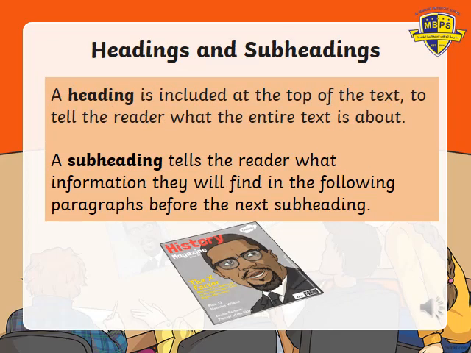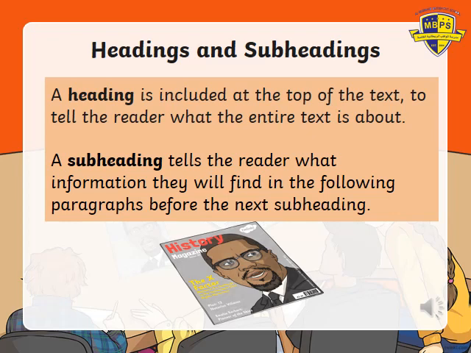Our first text feature is headings and subheadings. A heading is included at the top of the text to tell the reader what the entire text is about. A subheading tells the reader what information they will find in the following paragraphs before the next subheading. So here, what do we mean by heading? Heading means that they tell us something about something important. Whenever we have something important and we want to get the attention of the reader, we make it a heading.